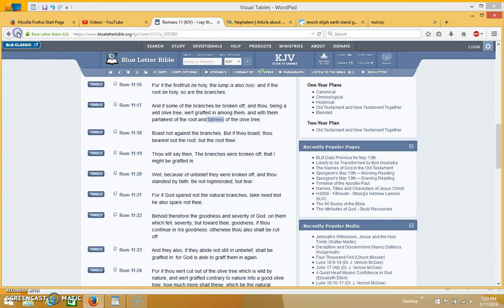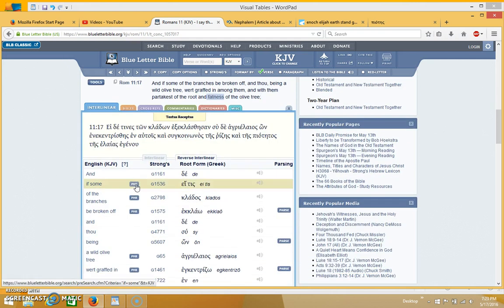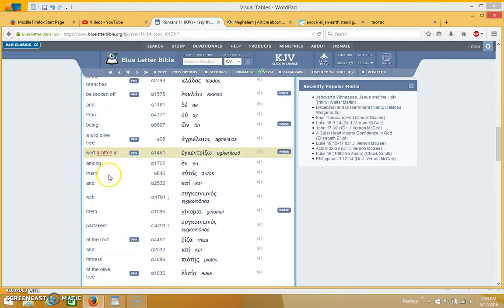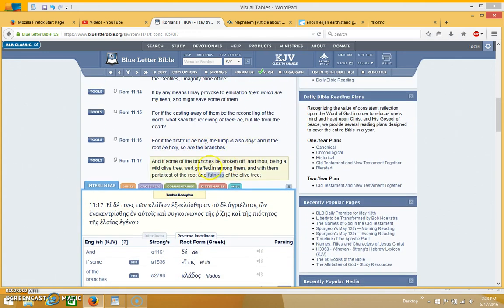And then when you go to Romans 11, you see that it's the two branches of the two olive trees, the wild olive branch and the natural branch that was cut off and grafted back in, that these are the two branches that partake of the root and the fatness of the olive tree. So there's a direct link with the word fatness that links the Old Testament, the two anointed ones, the two olive trees of the Old Testament, to Romans 11 in the New Testament.